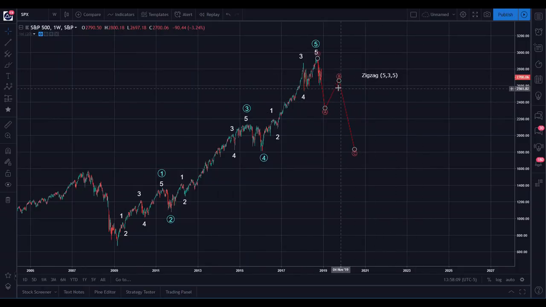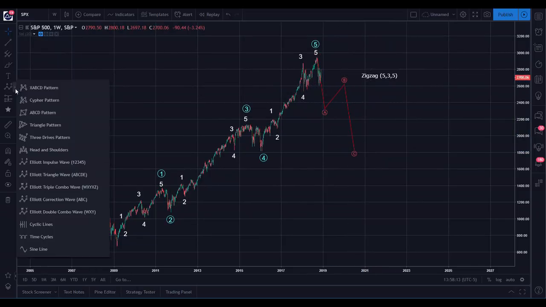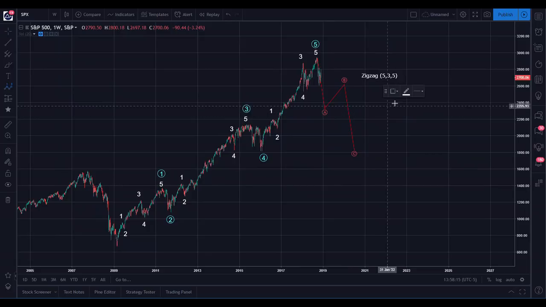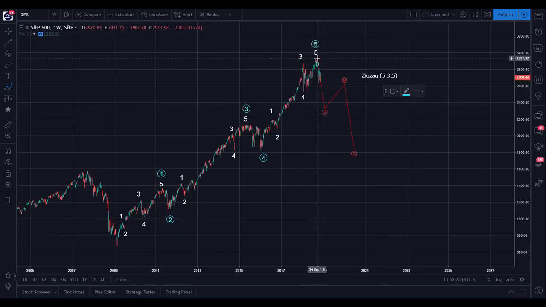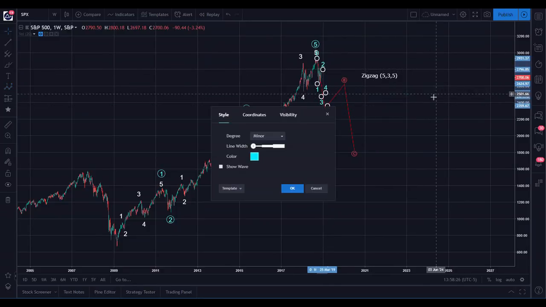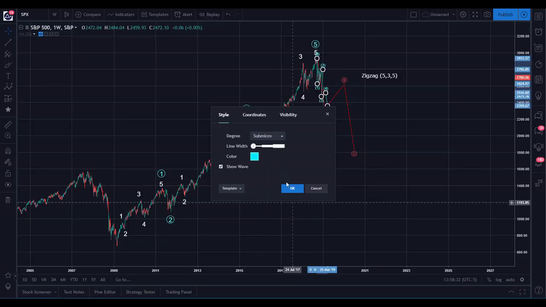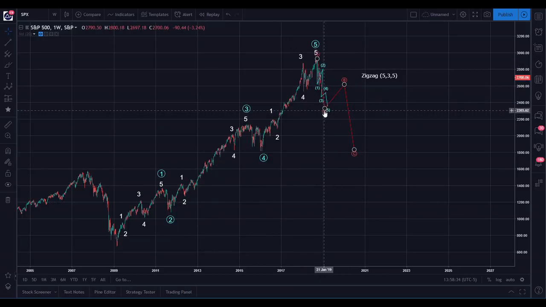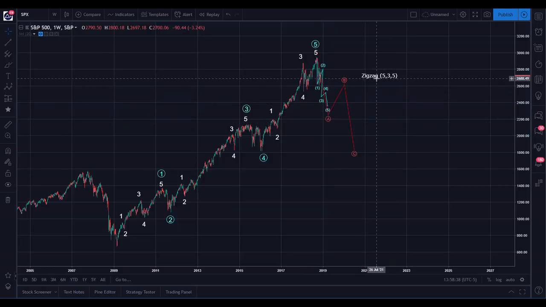So what does that mean? We would probably get a five wave decline of 1, 2, 3, 4, and 5. And who knows, maybe the red A wave might become a leading diagonal.